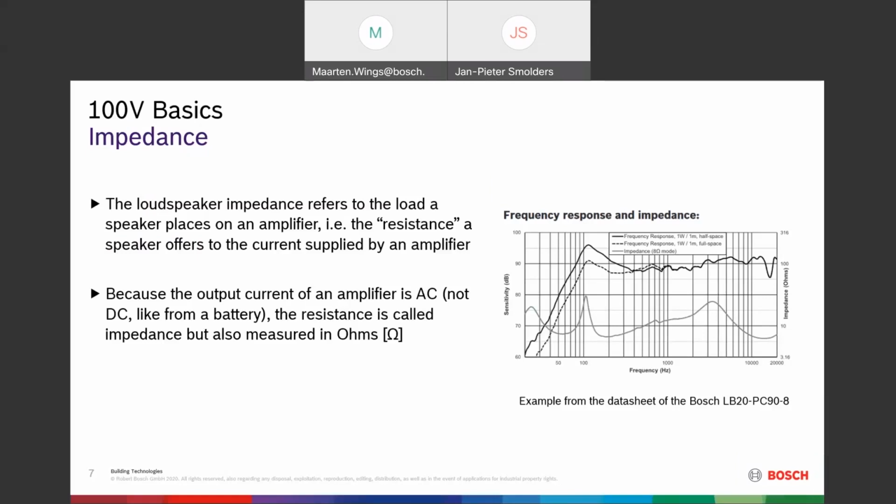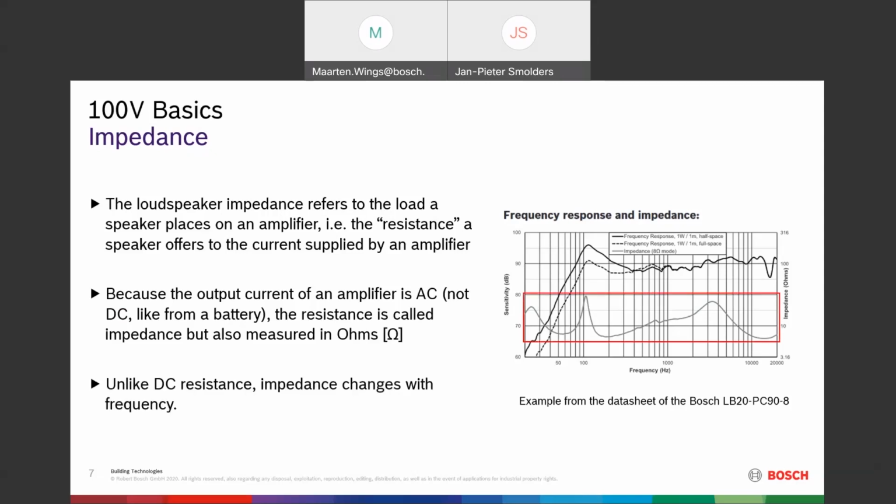Now, the output of an amplifier, the audio signal that comes out of it, is alternating. It's not direct like from a battery. That's why we do not call this resistance, but impedance. But it's also measured in ohms, the same as resistance.